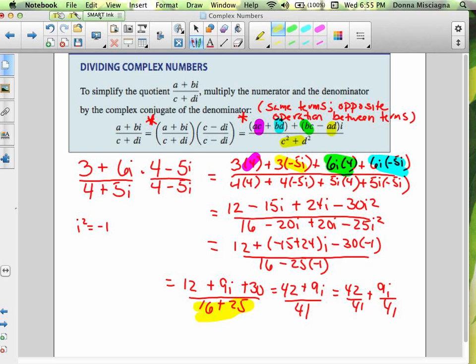So rather than trying to memorize things, where's the plus, where's the minus, what things are multiplied, just multiply by the conjugate, and just use FOIL, things you know. And then when you combine your like terms, it'll all work out. When you get to the end and you have just a single term, like we have right here, just divide both of those terms in the numerator by the denominator, and you're all done. And that's how we divide complex numbers.